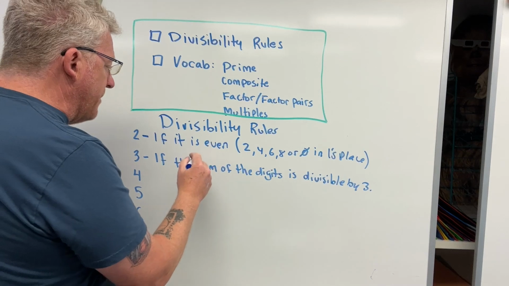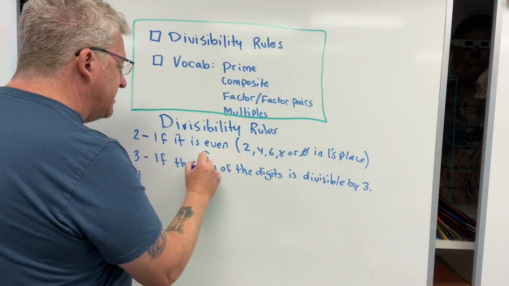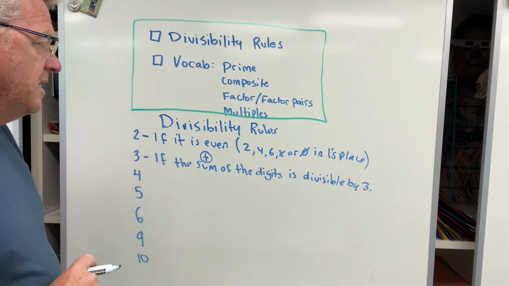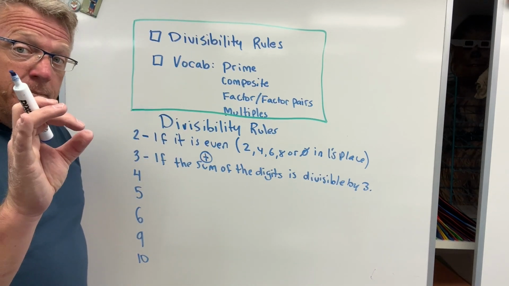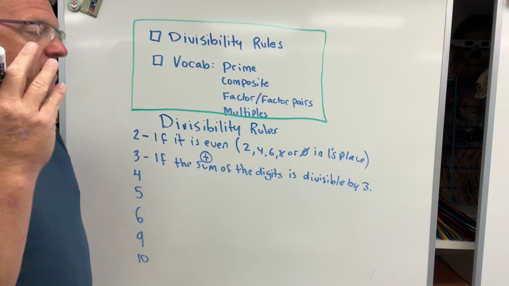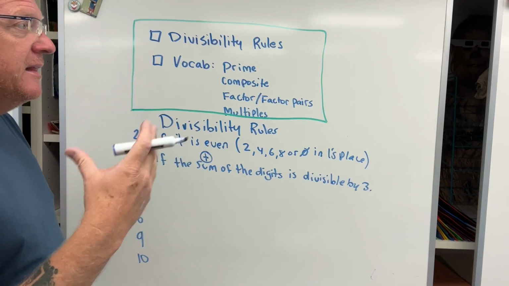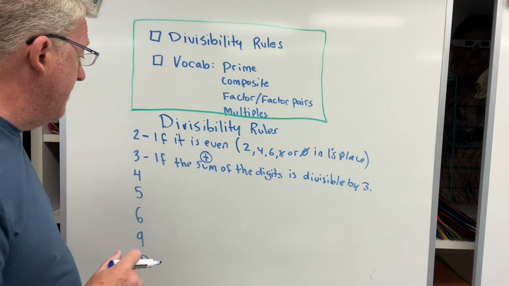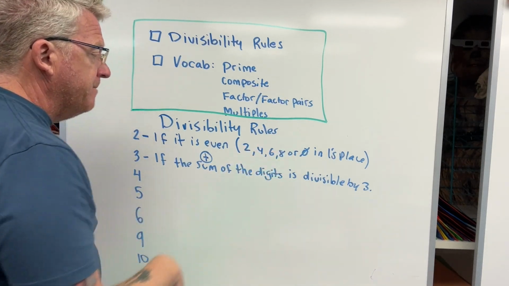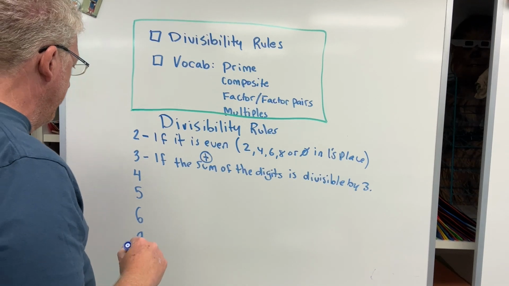Please remember sum means the answer to an addition problem. So if you add all of the digits together in the number and that sum is divisible by 3, then the whole number is divisible by 3. And that lets you use a really complex, longer number and figure out if it's divisible by 3 or not by adding all the digits together and seeing if that number can be divided by 3.